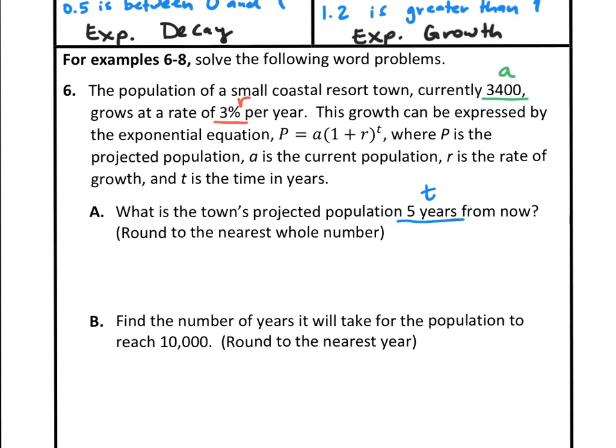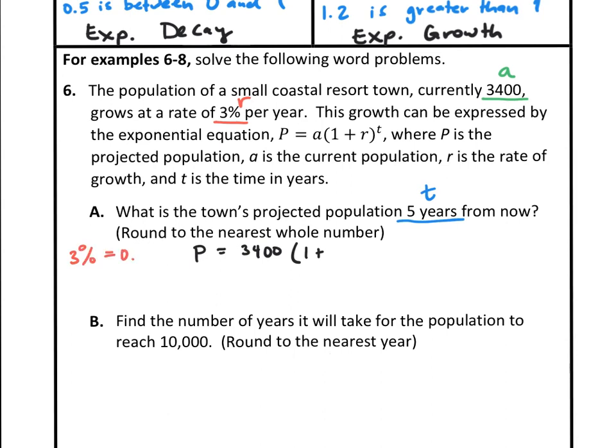So let's substitute everything in. So I'm going to have P equals A, which is 3,400, parentheses 1 plus, how do you change 3% into a decimal?